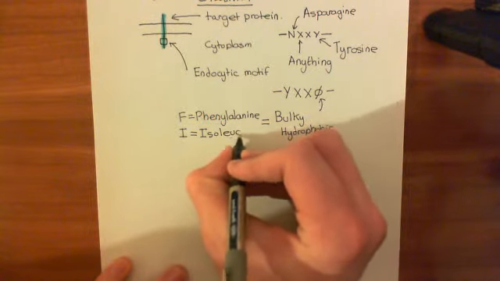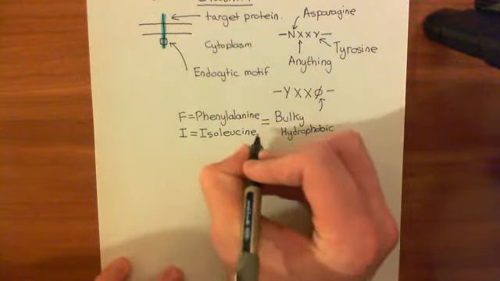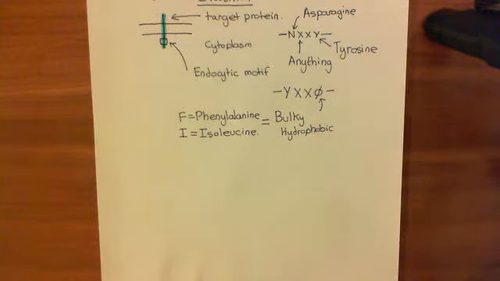Isoleucine is an example of a large hydrophobic R group, i.e. it has no polar functional groups at all. It's just a non-polar molecule, and therefore it interacts best with other non-polar molecules and doesn't interact well with water, which is a very polar molecule. So these are endocytic motifs.